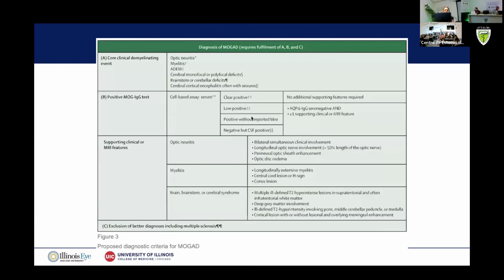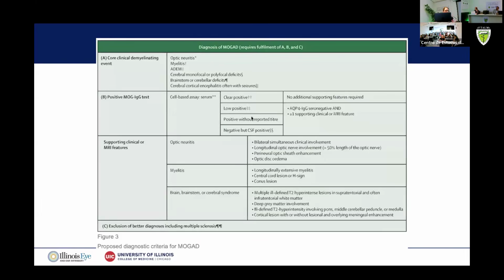So to diagnose MOGAD, the paper lays out this three-step approach. First, does the clinical picture give a demyelinating event? Is there optic neuritis, transverse myelitis, ADEM, for example?